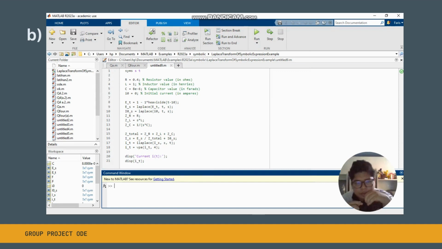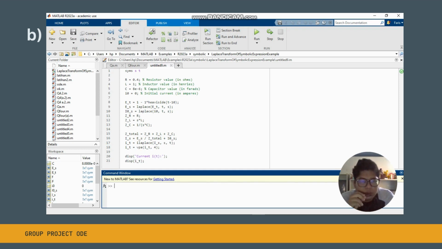And for the third question, using MATLAB, write the code: syms s and t, and for the resistor value in ohms, which is 0.4, inductor value equal to 1, capacitor value equal to 8.